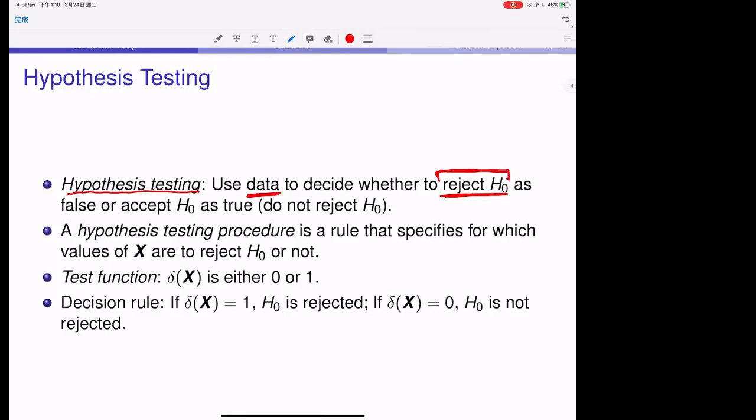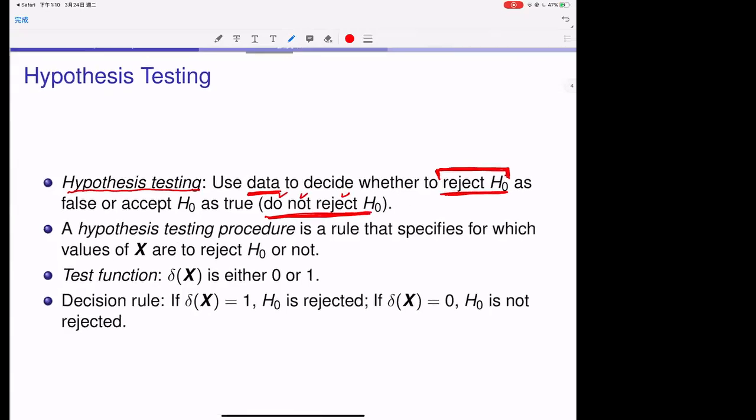When we do hypothesis testing, we always only talk about the null hypothesis. Either we reject or do not reject. From your undergraduate statistics, your teacher told you that the only thing you can say is do not reject. Don't say accept H1. Remember that?